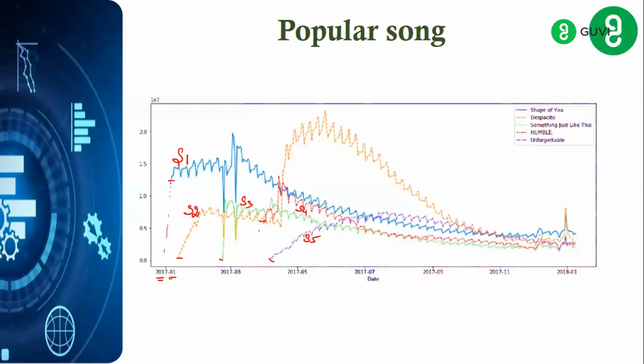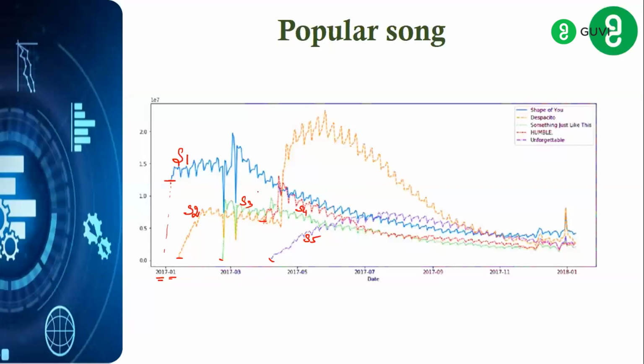Likewise, I can easily understand without putting any cognitive load, even without spending a single word towards the end user. The end user can understand that this is the start date of song one, and this is the start date of song two.